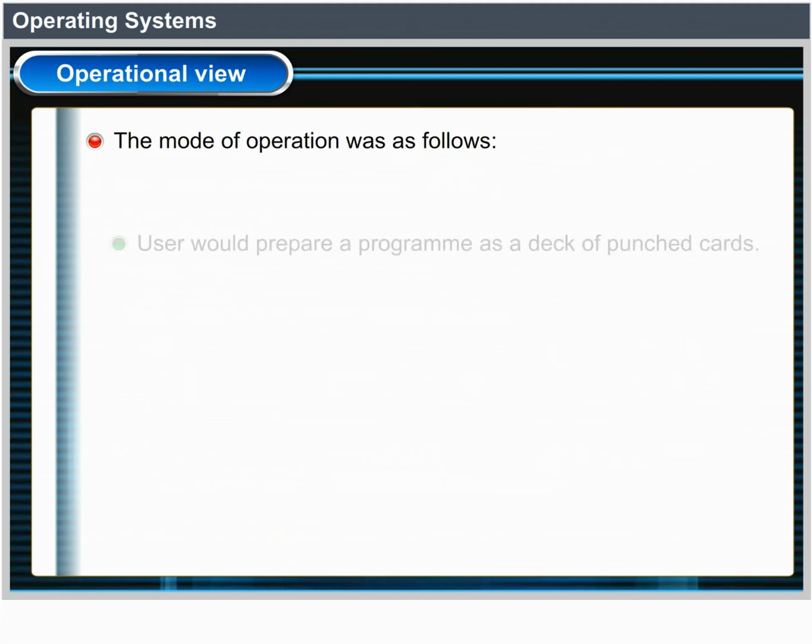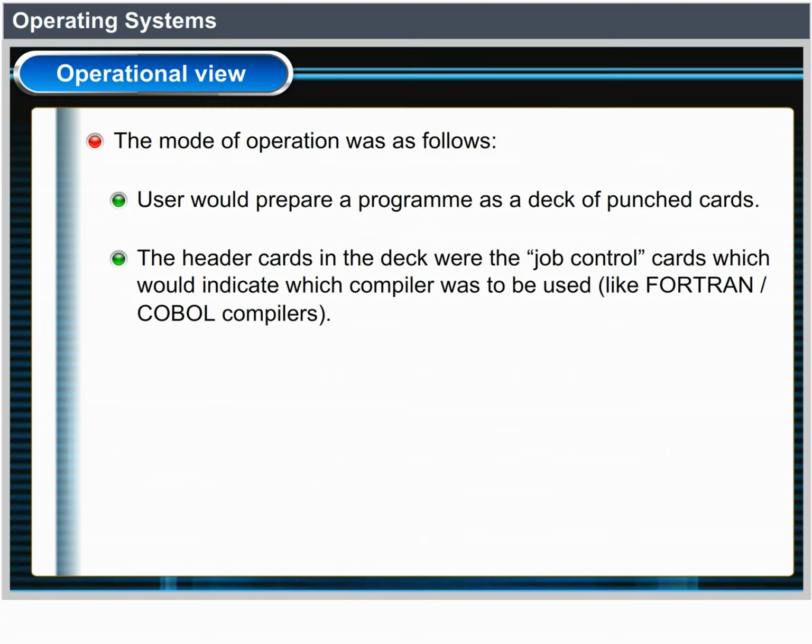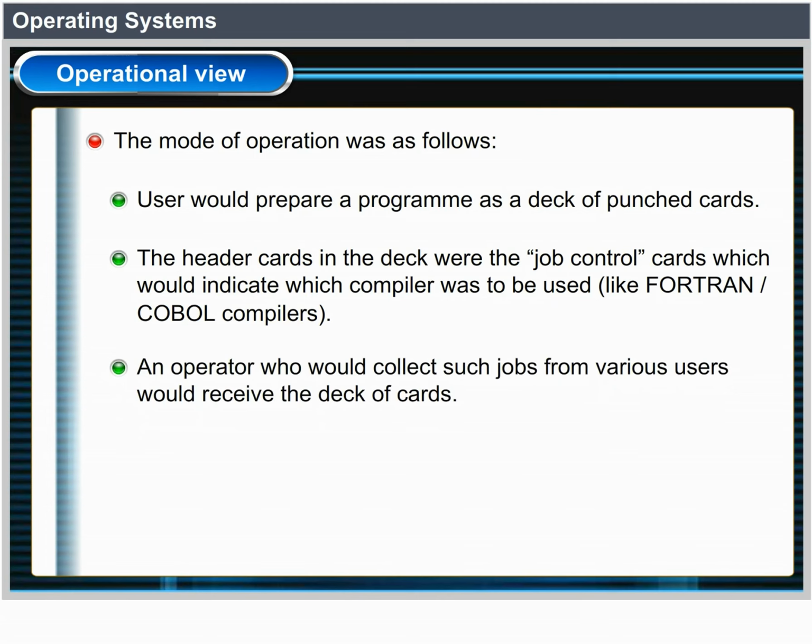User would prepare a program as a deck of punched cards. The header cards in the deck were the job control cards, which would indicate which compiler was to be used, like Fortran, COBOL compilers. The deck of cards would be handed in to an operator who would collect such jobs from various users.